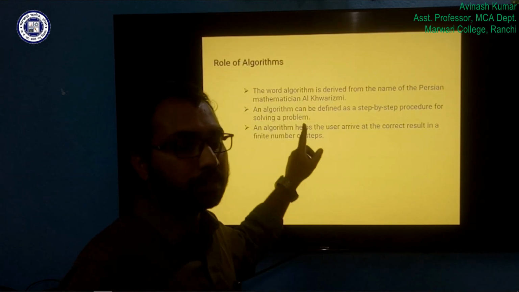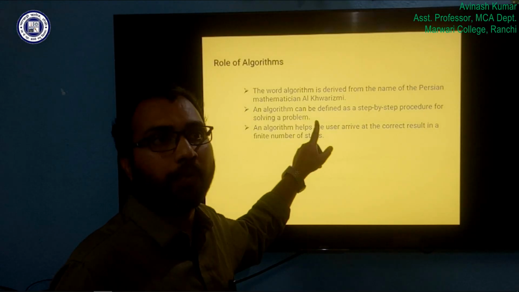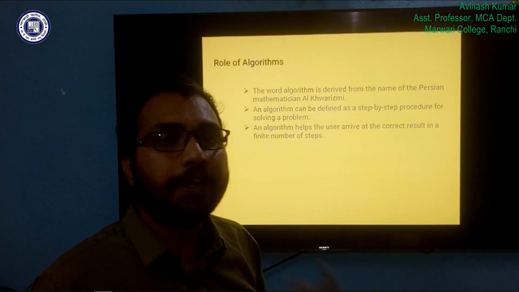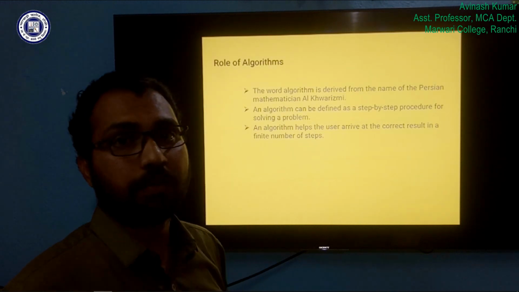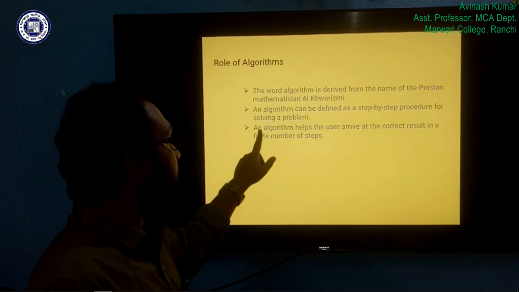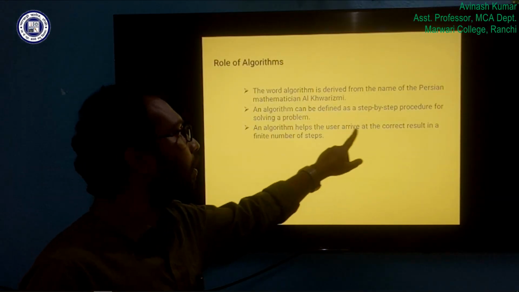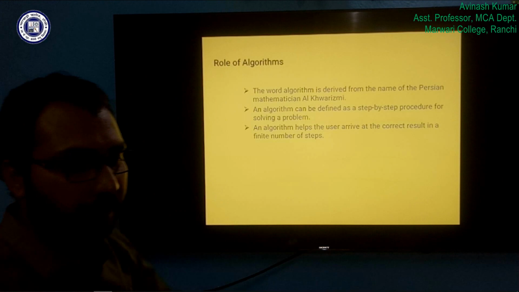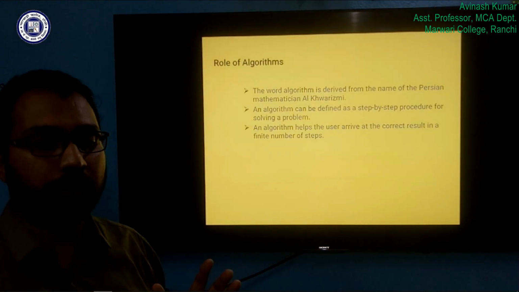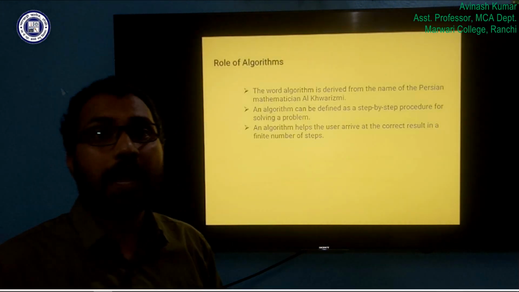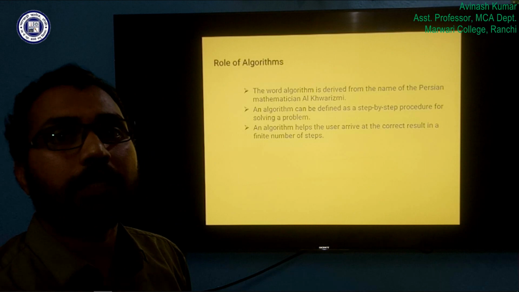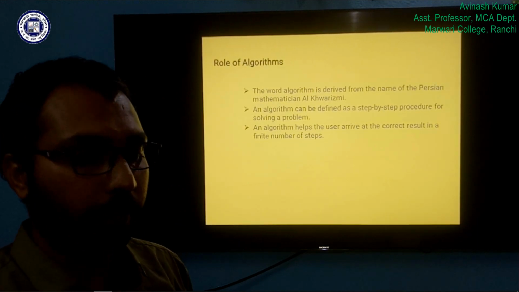This is the main thing we need to know. To solve any given problem, we need to identify the various steps that will guide us to solve it. An algorithm helps the user arrive at the correct result in a finite number of steps. So here we will have a definite number of steps which will give the solution of our problem.